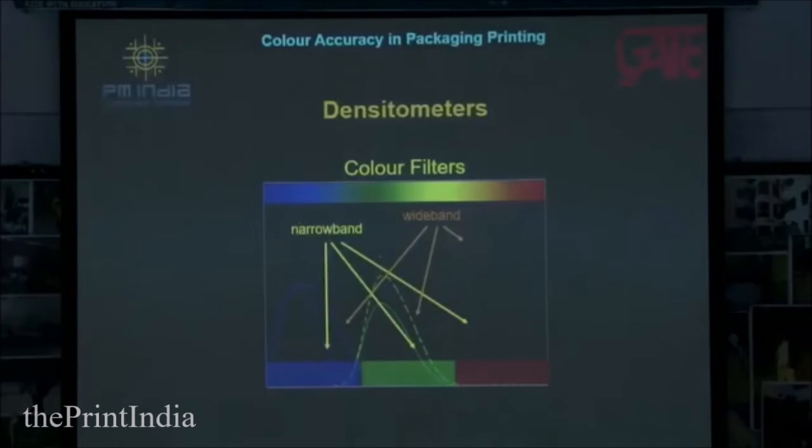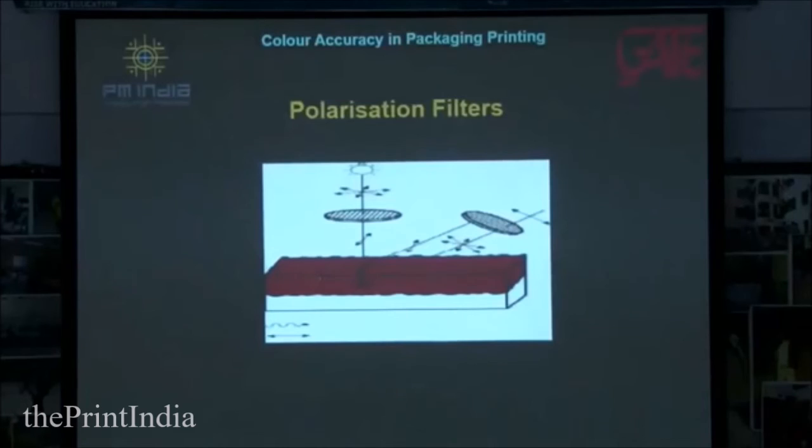It gives you realistic density values of the ink deposition. These are called narrowband filters. Then polarization filter. Americans don't use a polarization filter. Europeans use a polarization filter. So the difference between wet ink and dry ink is less if you use a polarization filter. So this is better.